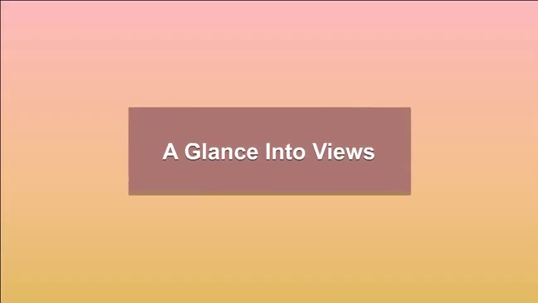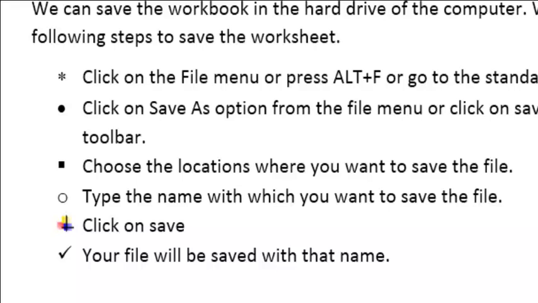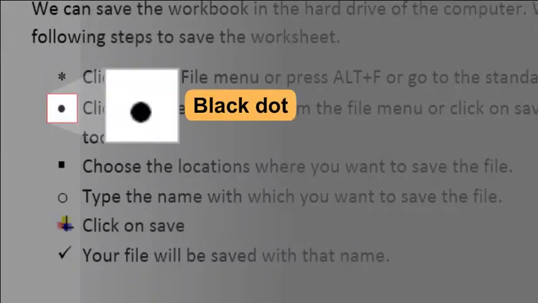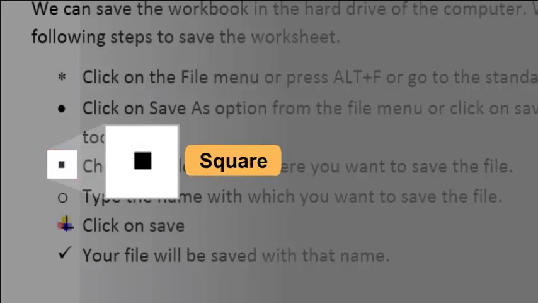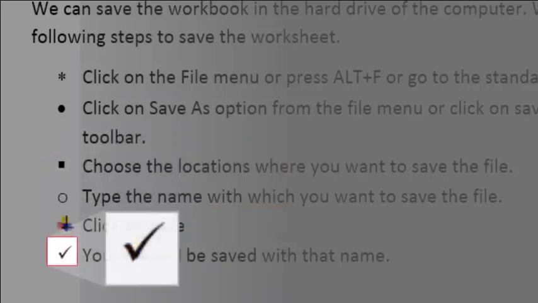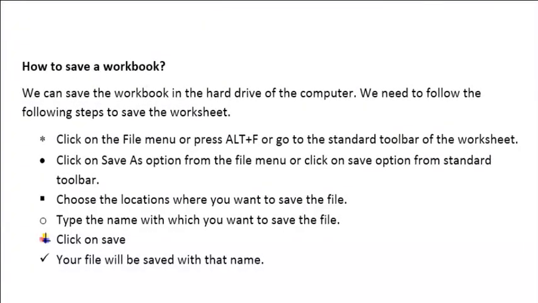To add bullets or numbering. A bullet point or bullet is an asterisk, black dot, square, circle, graphics, or other mark that is found before the text that identifies key items or other important text.